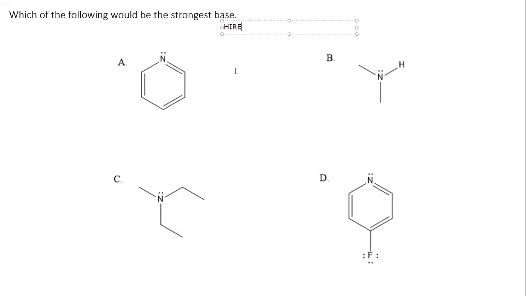And so with bases, we want to look at the hybridization of the nitrogen atom. So if you remember from taking Gen Chem 1, we have different types of hybridization: sp, sp2, sp3. So for acids, acidity increases as you get more s character.